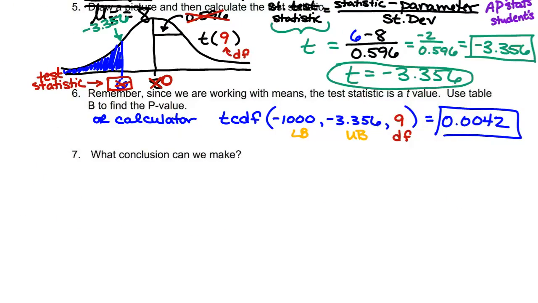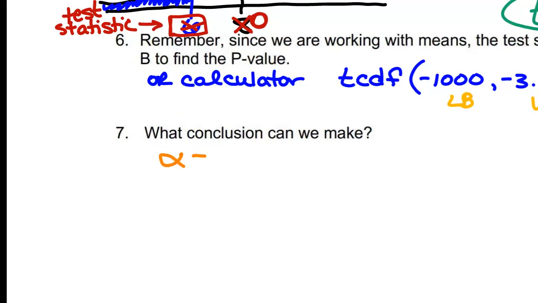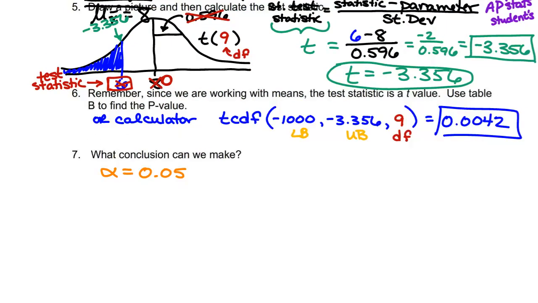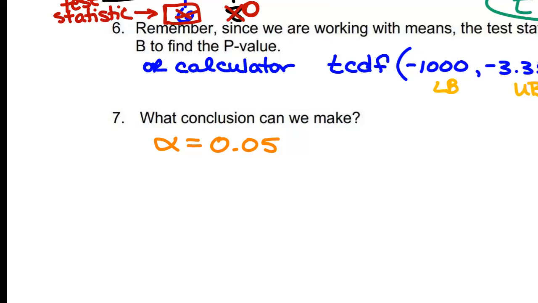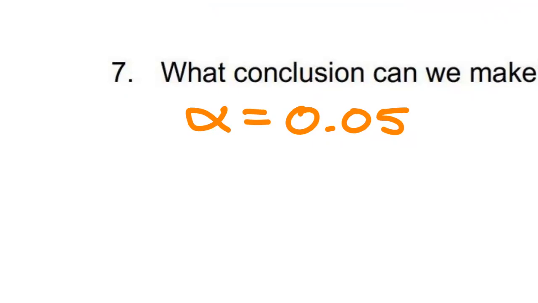So what kind of conclusion can we make at the alpha equals 0.05 level? Sample mean of 6 purely by chance, or 6 or less, purely because remember our null hypothesis was less.